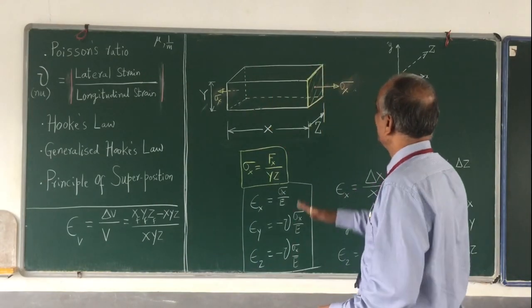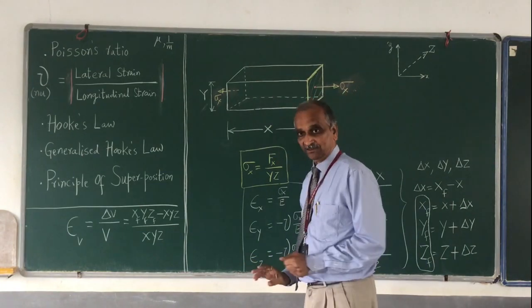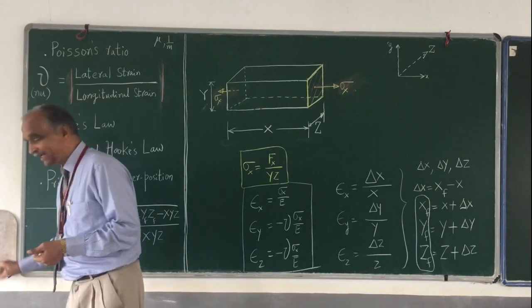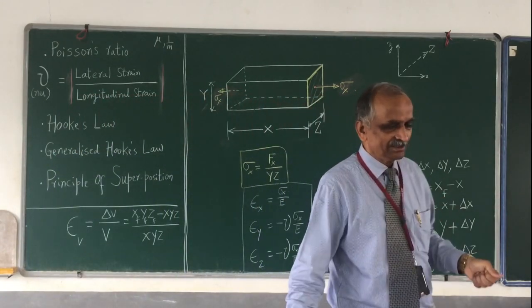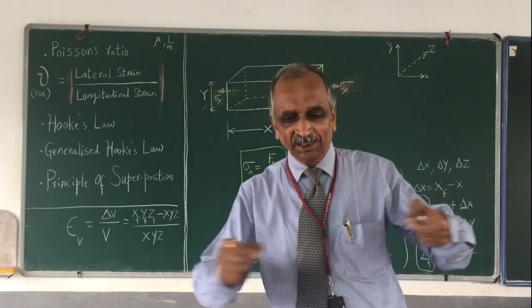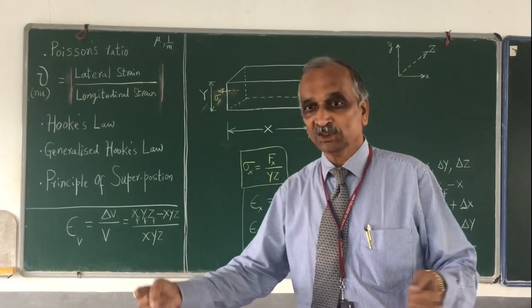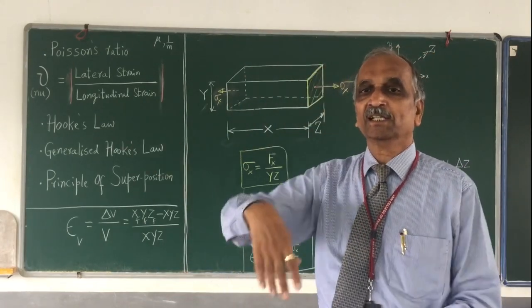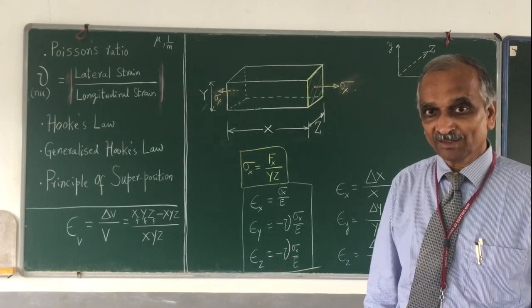Remember, I have taken the stress in only one direction, sigma x here. Now I am going to expand it. If we have stresses in only one direction, that kind of problem is called a one-dimensional problem. If you have stresses in two directions, say along the x-axis and also along the y-axis, then it becomes two-dimensional.